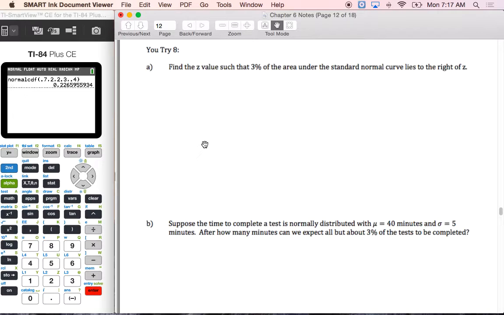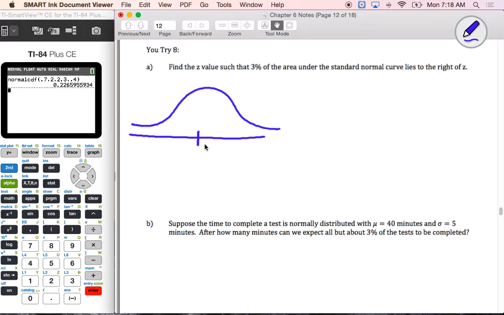just so you see how it applies to what we've done so far. Now we're looking at 3% to the right of Z. So that's important. Again, there's my middle there. They want 3% to the right of Z. So they're saying Z's over here. This right here then is 3%.